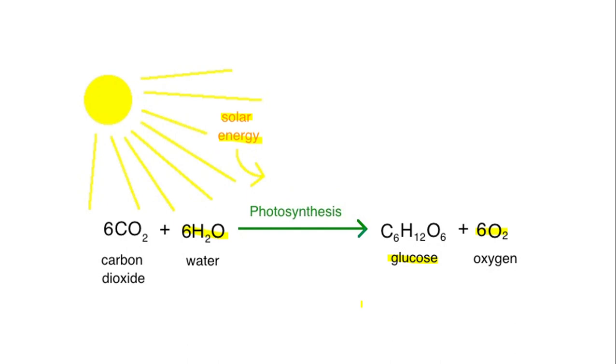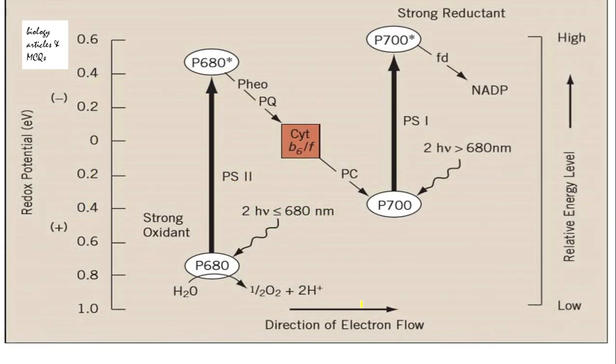In the light independent reaction, the dark reaction, we will see how glucose is produced with the help of carbon dioxide in photosynthesis. So I hope you understand what we are going to study in the Z scheme. Here you can see all the reactions of the Z scheme.